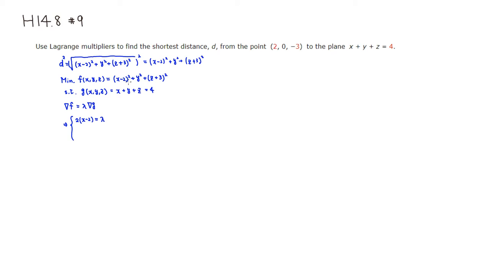The partial of f with respect to y is 2y, equal to another lambda.